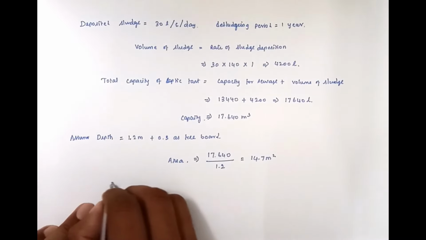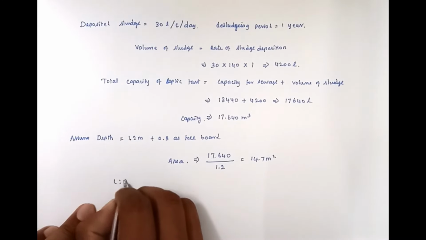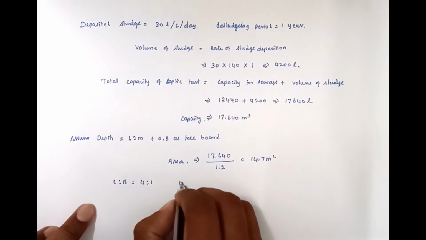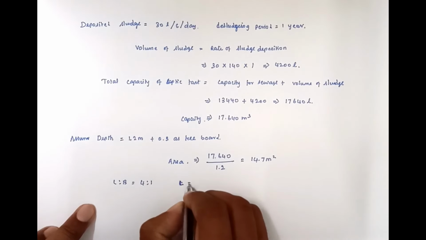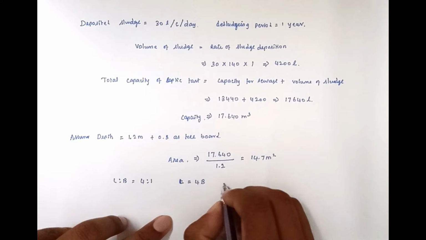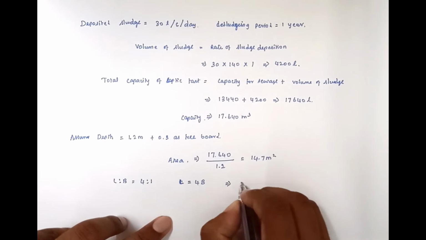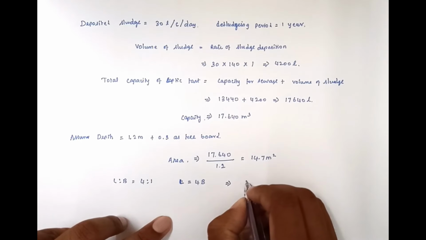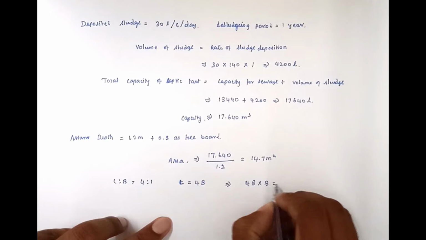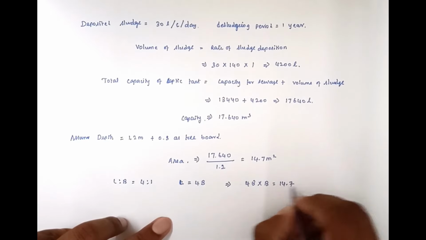We know the length to breadth ratio is 4 is to 1. So L equals 4B. Now we can substitute here. L into B is equal to 4B into B equal to 14.7.